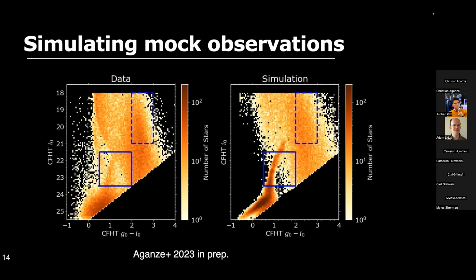The reason we scale, so this solid rectangle is where we scale the total number of stars in the image versus the Milky Way foreground.